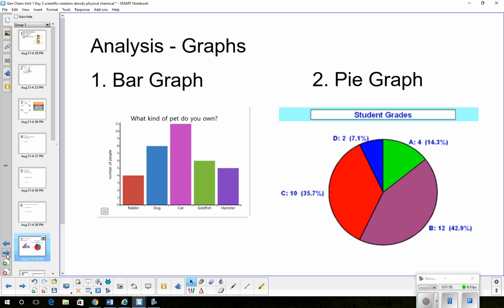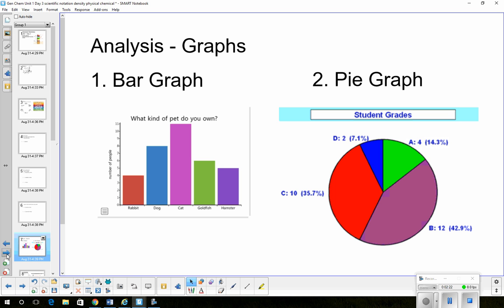Once we get all that data down, then we do analysis. So this is a little bit different than what you've done before. You probably thought data and analysis went together, but we separate them. So analysis is when I take any of that data that I grabbed from lab and I do any kind of mathematical equation to it. It's where I make my graphs. Okay, it's any computations.